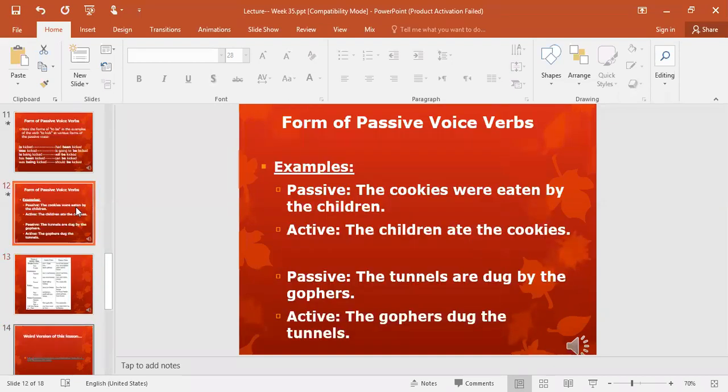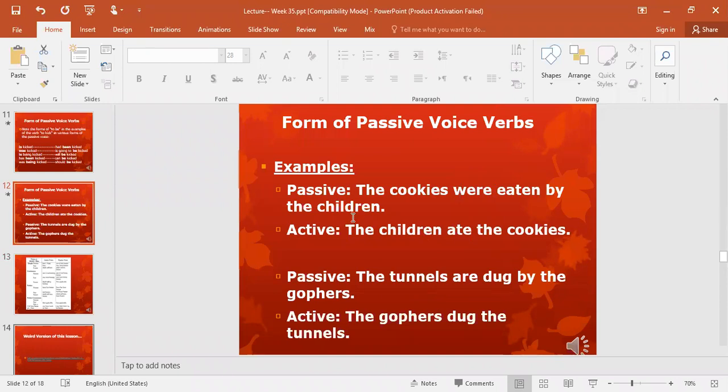Form of the passive voice verbs. Okay. Look at the passive sentence. The cookies were eaten by the children. In the active voice, the children ate the cookies. If you see here, we used were as the verb to be, right? Why did we use were?